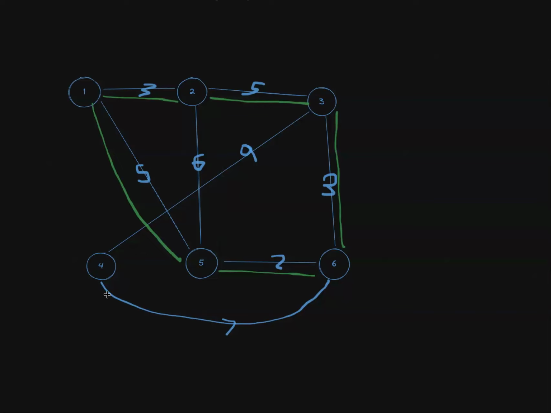And then after that, the next edge is 7, so I'll add that in because 4 is not in the spanning tree already. And after 7, we come to our final node 9, but as you can see, this would just cause another cycle because both of these are already in the MST. And with this simple algorithm, we have found the minimum spanning tree of this graph.